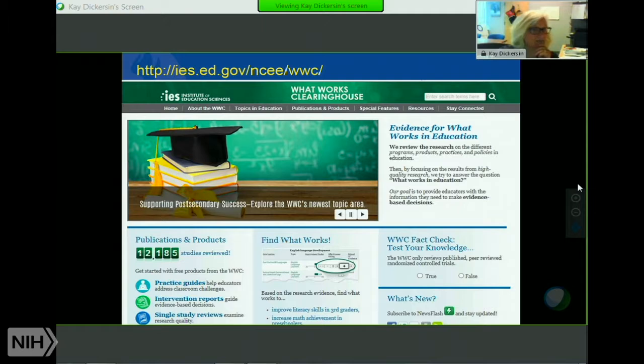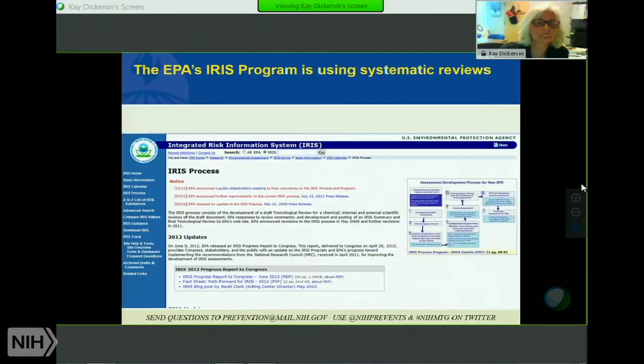What Works Clearinghouse is from the federal government and looks at different educational interventions. So if your kids come home and tell you, I'm not having a book in math this year because the evidence shows that math books are never up to date, you might want to look it up in the What Works Clearinghouse to see what the evidence actually is.